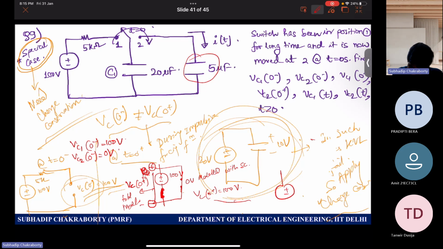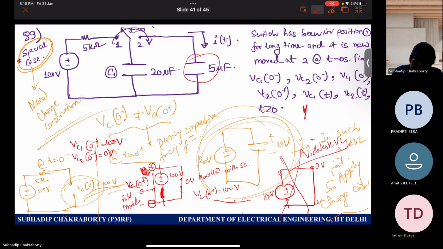Because you are actually shorting 100 volts. One side it is 0 volts, another side is 100 volts. So it violates KVL, right? So now you are convinced you should apply charge conservation here.